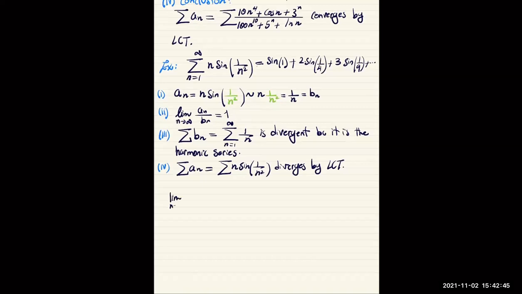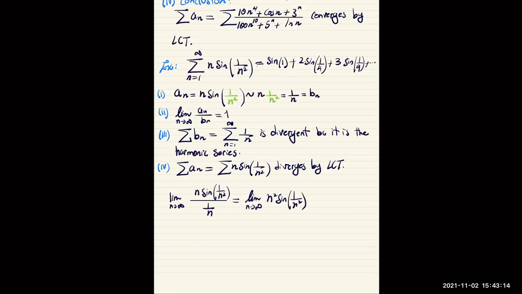Limit as n goes to infinity, not a problem. a sub n is n sine 1 over n squared, and b sub n is 1 over n, just like that. So when n goes to infinity, well, try to simplify this thing. It will simplify to n squared sine of 1 over n squared.